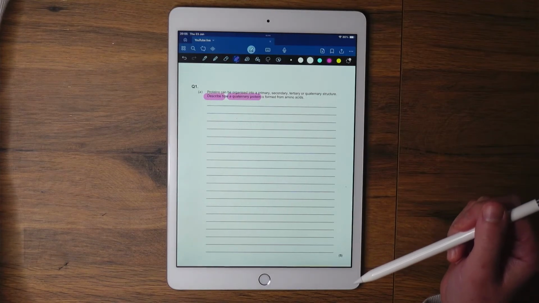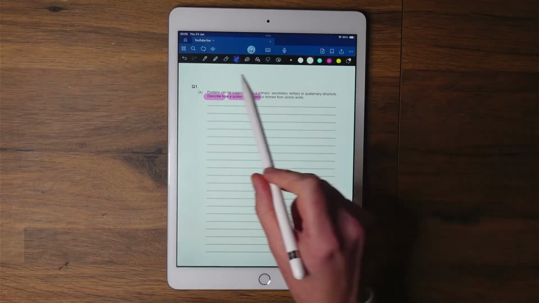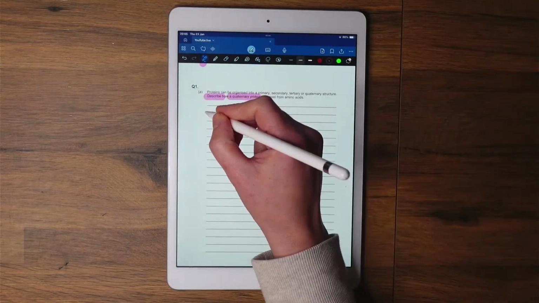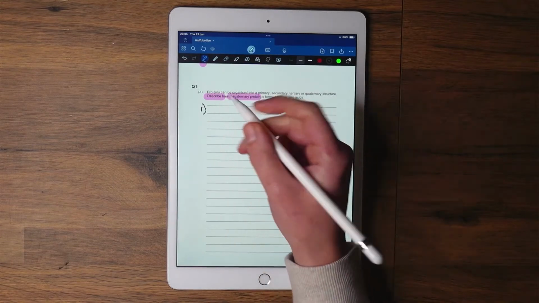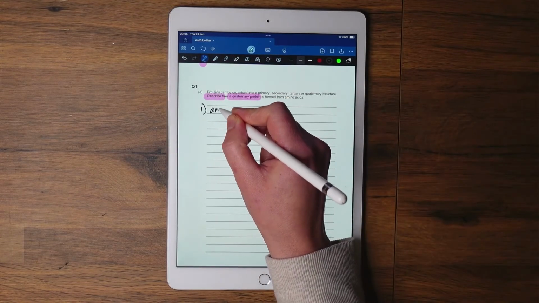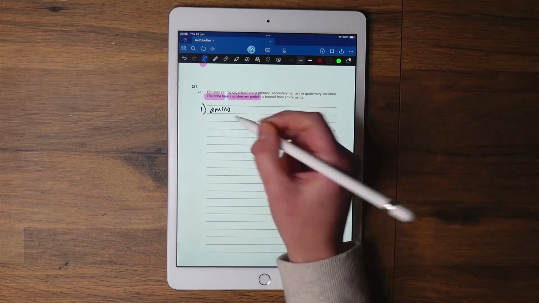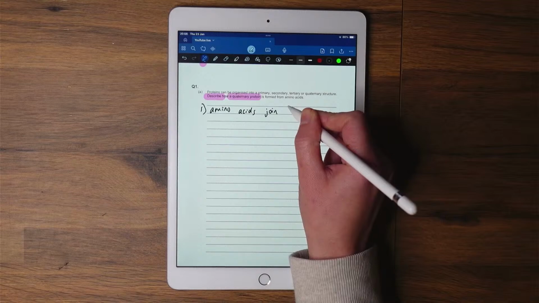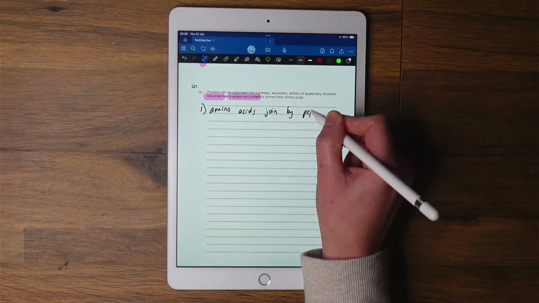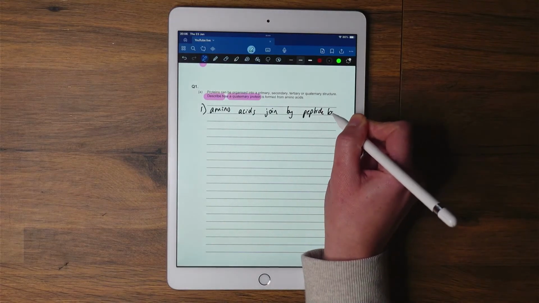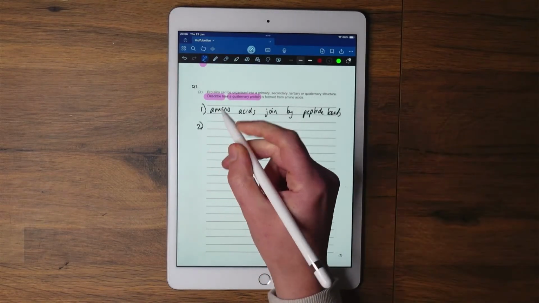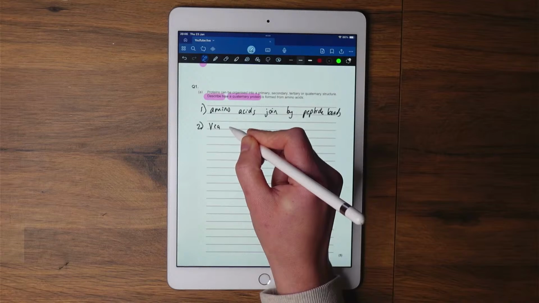So first thing then is we're starting with these amino acids. So I'm going to begin then with mark number 1, saying that those amino acids joined by peptide bonds. And also I'm going to say via condensation reaction.